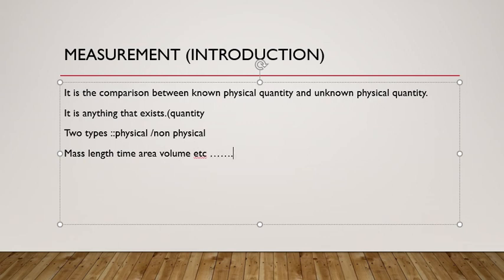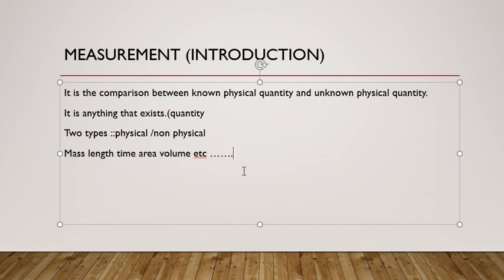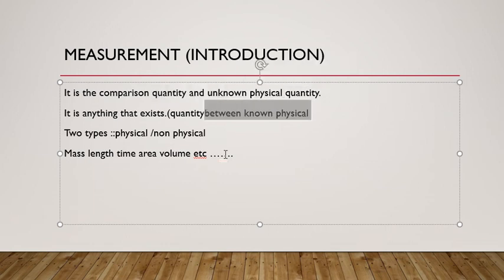Simply over here, what types of things are known as known physical quantities? Firstly, these things are known as physical quantities. We get to know this thing very well. But the word known will separate out these physical quantities.